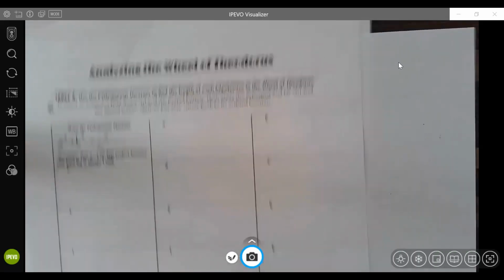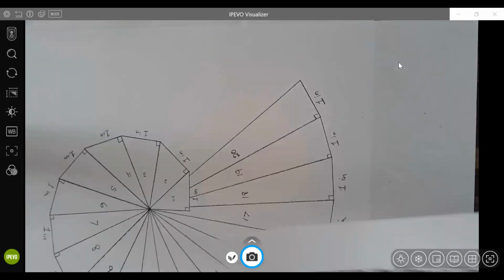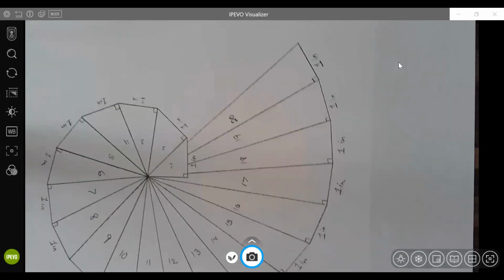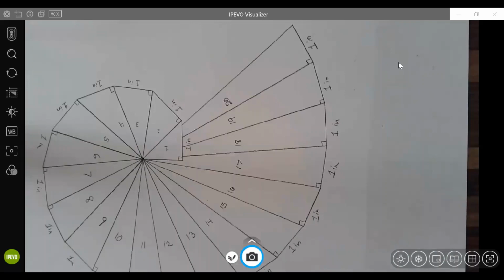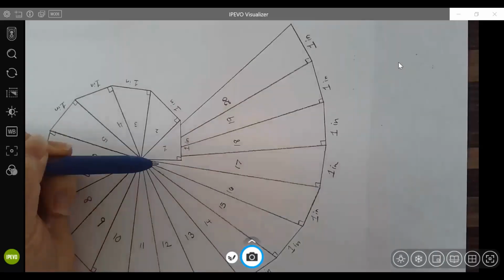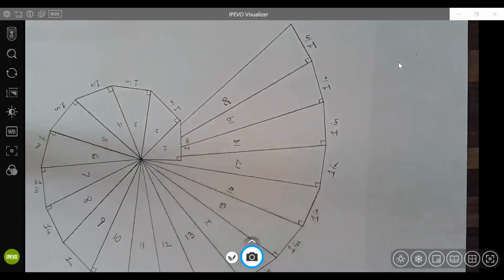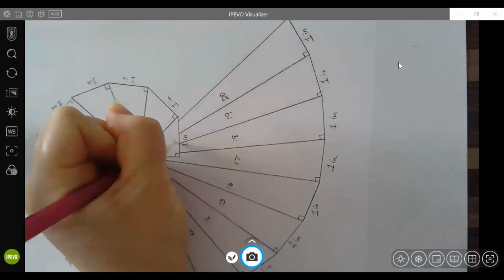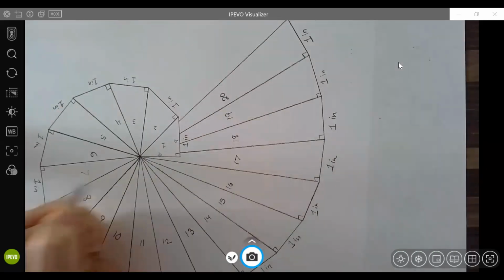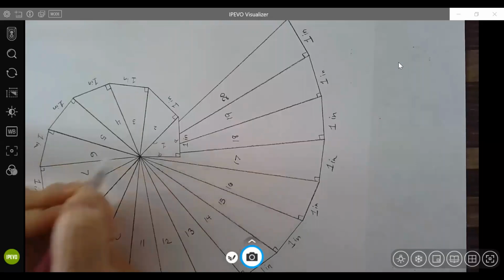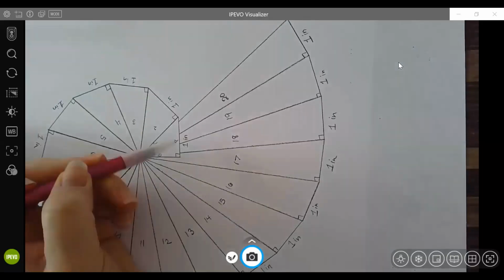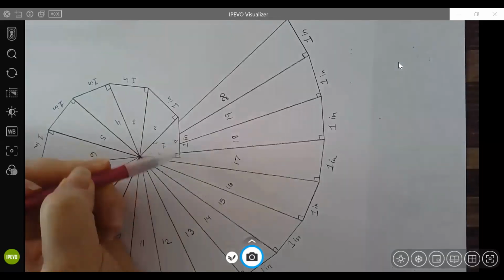And so if I look at this wheel I have underneath here, I started with a 1 by 1 inch triangle. So if I think of this as my A, and this is my B, and then this hypotenuse is that C, this A is 1 inch.